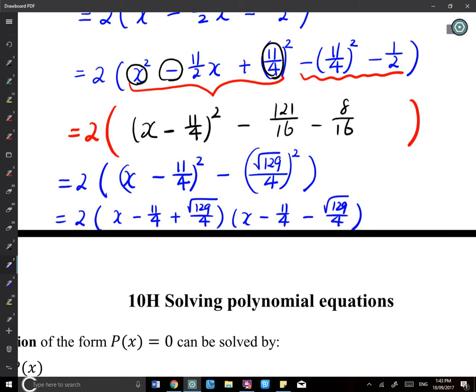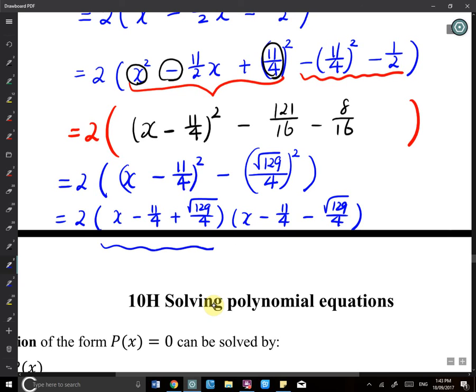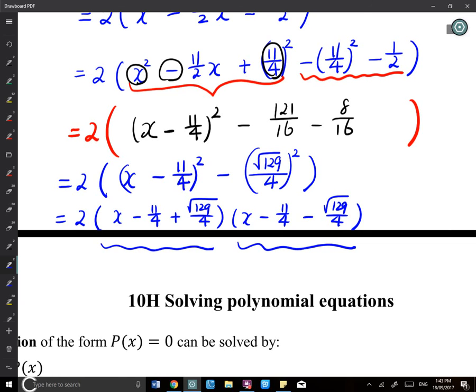Yes. The x minus 11, is that the factor? This is one factor. This is another factor. What do you do with the 2? It doesn't matter, 2 is a constant. You can combine it inside the bracket. You can multiply it with any one bracket.